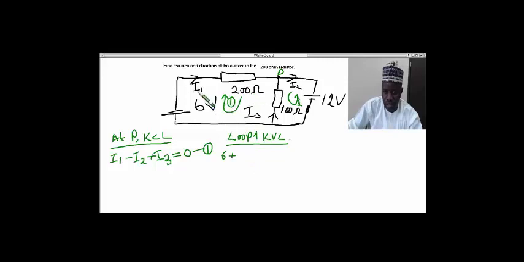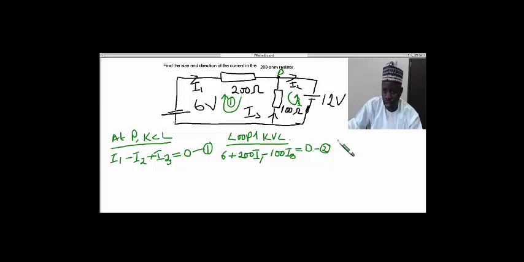My current in the 200 ohm resistor is in the direction of my loop, therefore it is positive, so I'm going to have 200 I1. And when I come to this, my current in the 100 ohm, I3, is in the opposite direction to my loop, therefore it is going to be minus 100 I3. So this is my equation number 2.